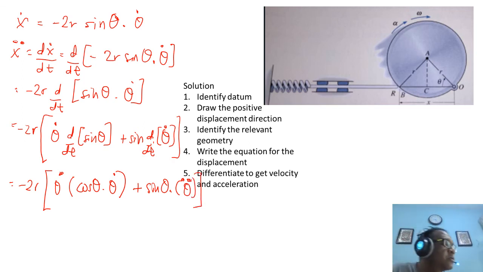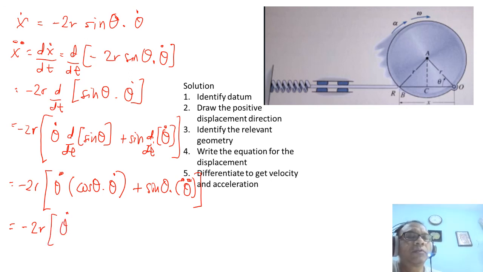Then we know that theta double dot equals alpha, so minus 2r, theta dot squared cos theta plus theta double dot sin theta.